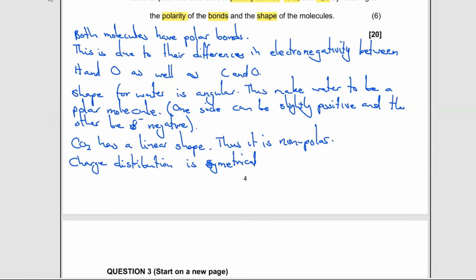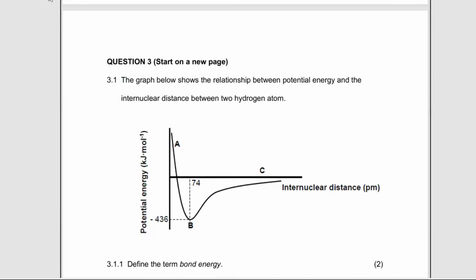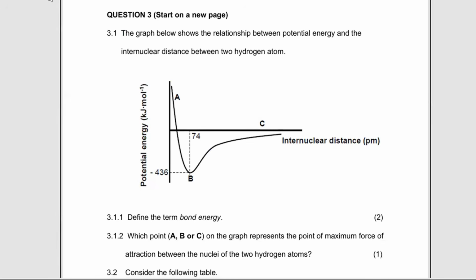Then we proceed to the next question. Question 3: the graph below shows the relationship between potential energy and internuclear distance between two hydrogen atoms. At C, we can see this H and the other H are a distance apart.